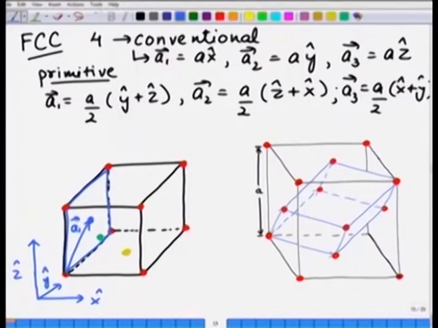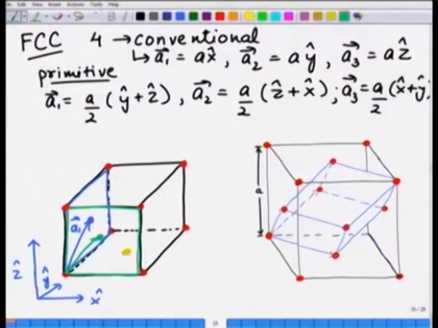Now, if I look at the a2 vector, it is in the Z and X plane. That is the one which will be given by this green stuff. So, let me draw the green one. If I consider this front plane, then I can construct this vector.